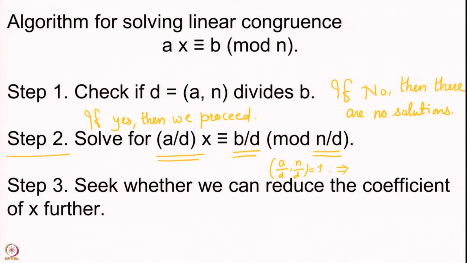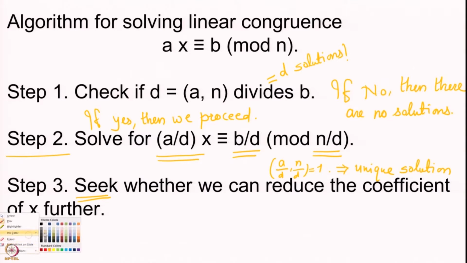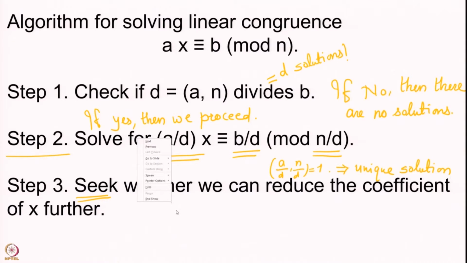So, this implies a unique solution, whereas in the earlier case we will have d solutions. That is one small thing that we need to take care of. Now, we want to know how to reduce the coefficient of x further, and I told you that this can be done by cancelling out anything common in the coefficient a.